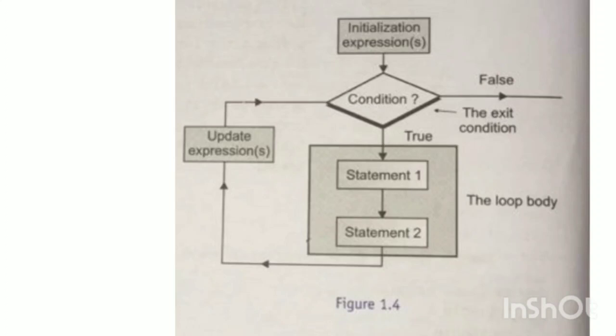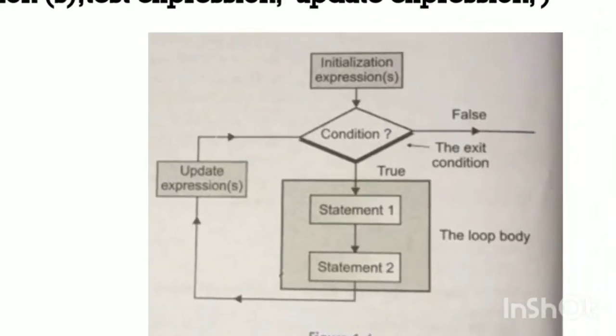If the condition is true, it prints the statement, then updates itself, for example a++ or a--. Till the condition is true, it will keep printing. If the condition is false, it exits from the body of the loop.